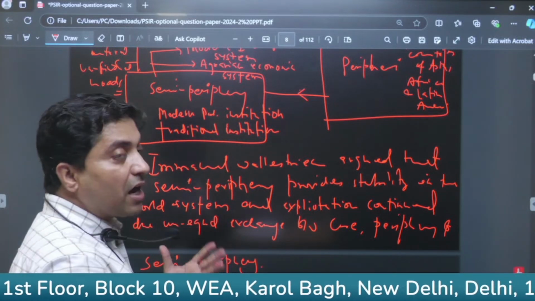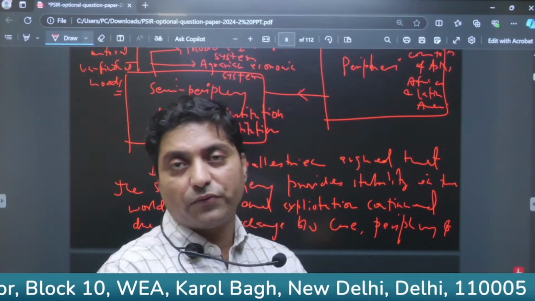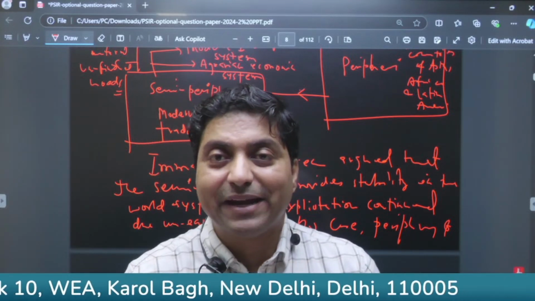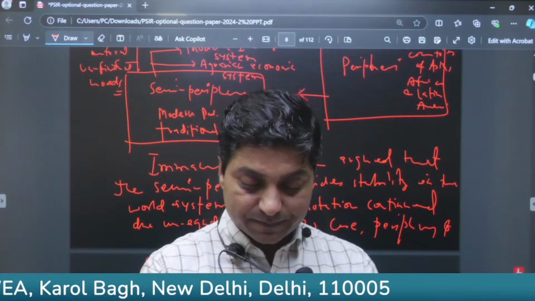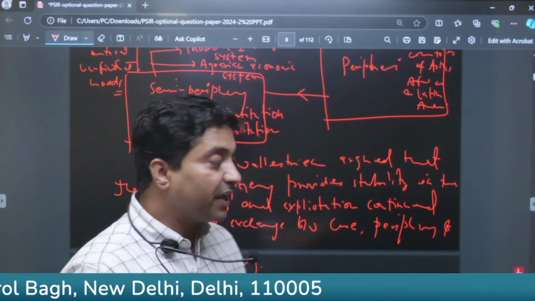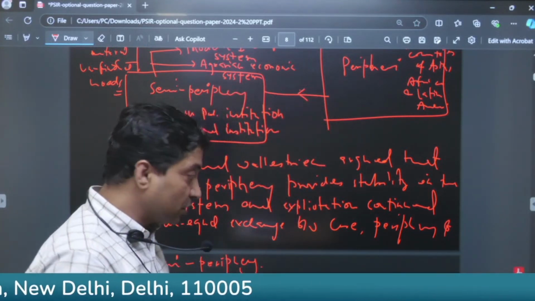So this is a Marxist interpretation of how unequal development takes place around the globe. So this way one should end the answer.